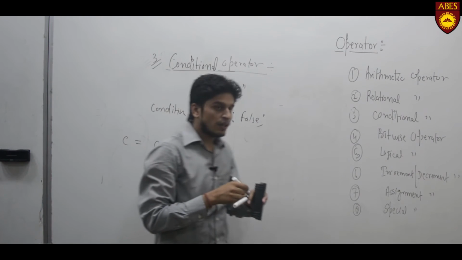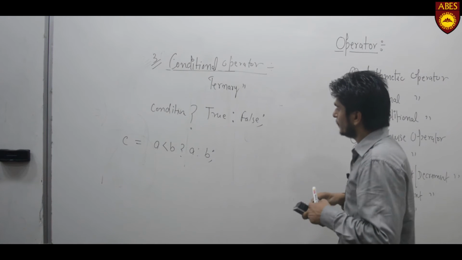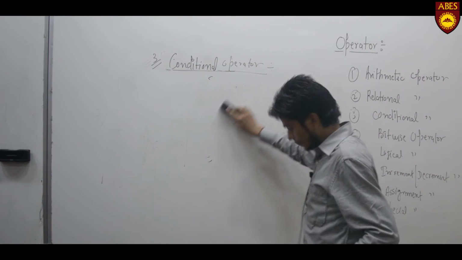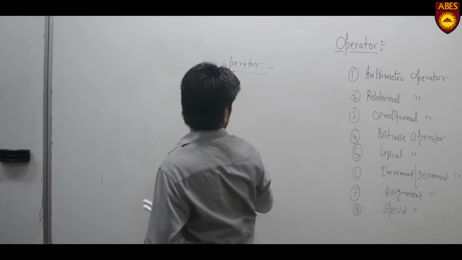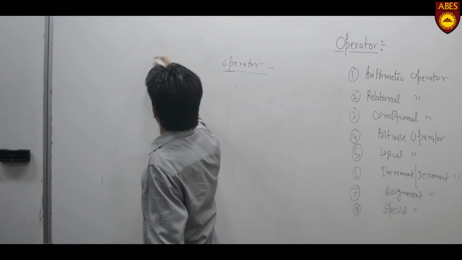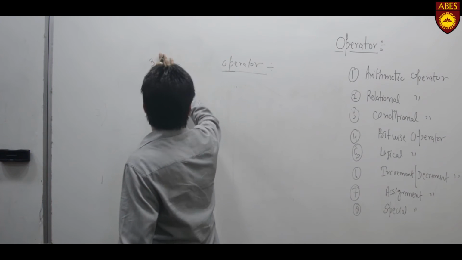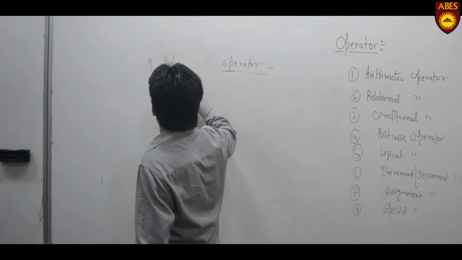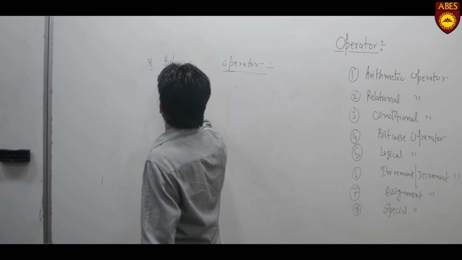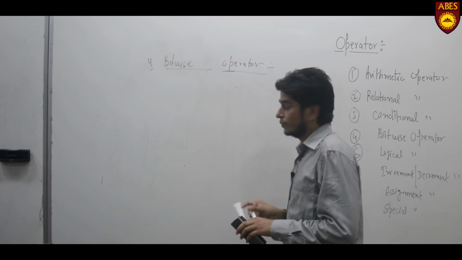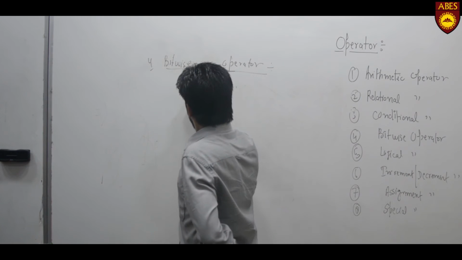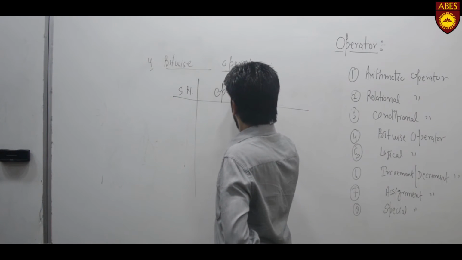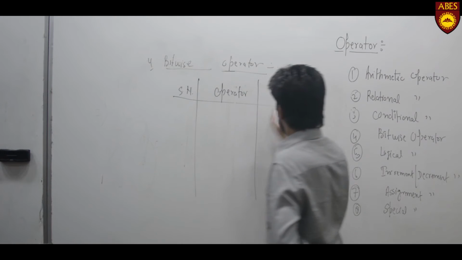The fourth category of operator is bitwise operator. We draw the table: serial number, operator, meaning.